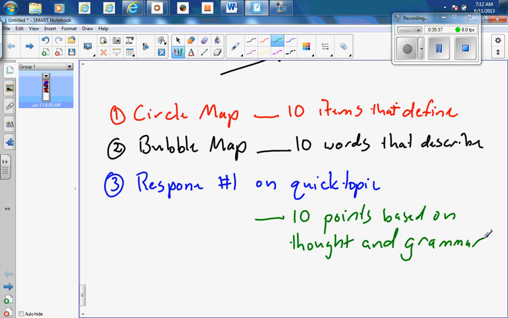Well, what is thought? I want you to understand that the thought that you're going to write on is actually going to relate back to the first two.